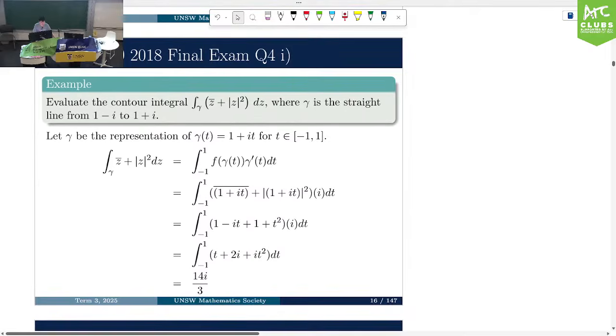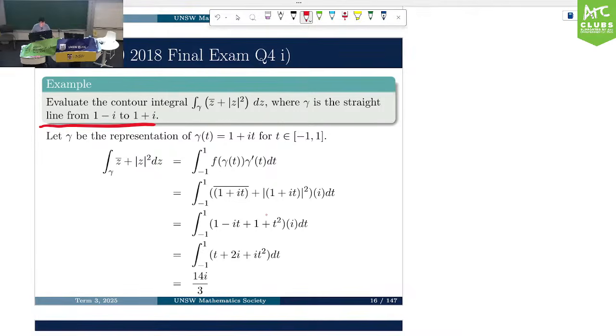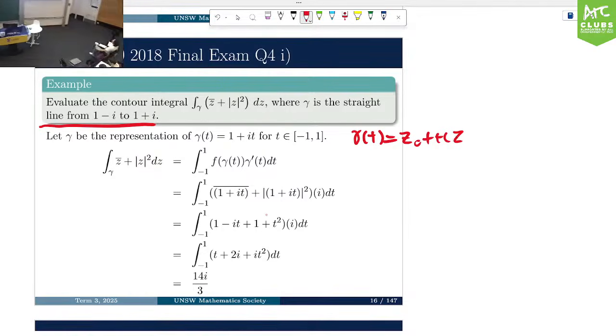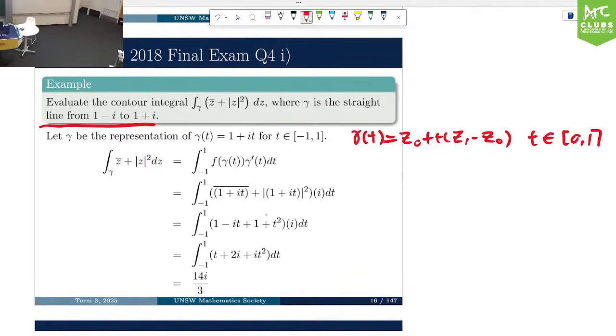So this is a similar example, except we have to parameterize a line from 1 minus i to 1 plus i. As we have seen before, we parameterize gamma of t by z0 plus t times (z1 minus z0), where t is from 0 to 1.